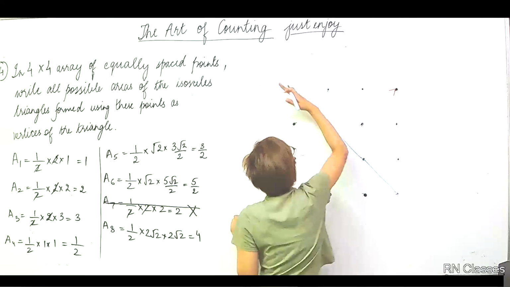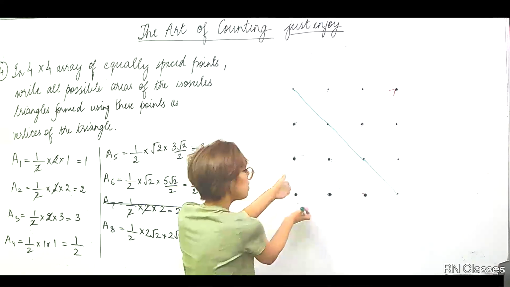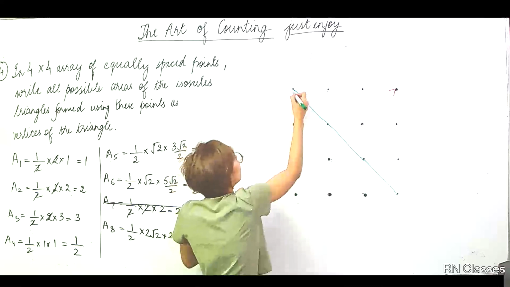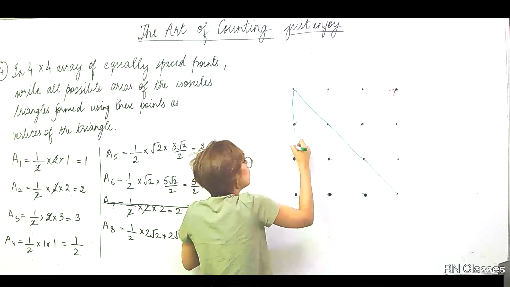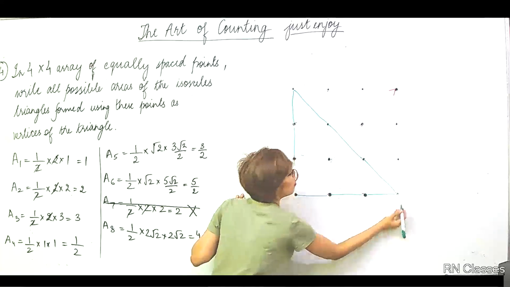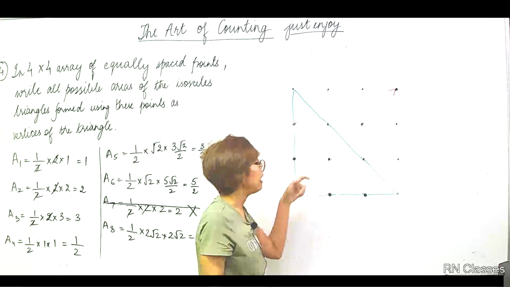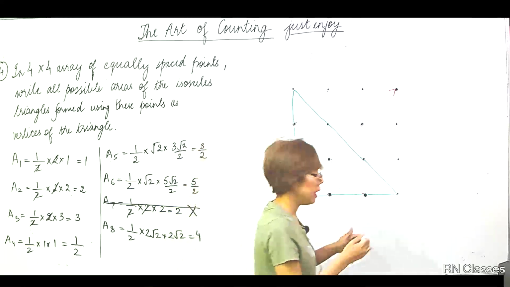Right? If I take this as the base, I can find this isosceles triangle, right? This is an isosceles triangle. Because this length is 3, this is 3, definitely an isosceles triangle. That too, a right angle one, right?